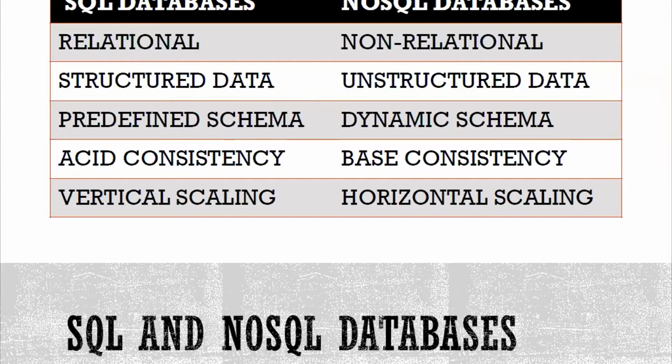So a non-relational database is a database that does not use these tabular structures of rows and columns, right? Rather, its storage model is optimized to the type of data it is storing. NoSQL databases usually don't have a predefined schema. This makes it easy to make significant application changes in real time.